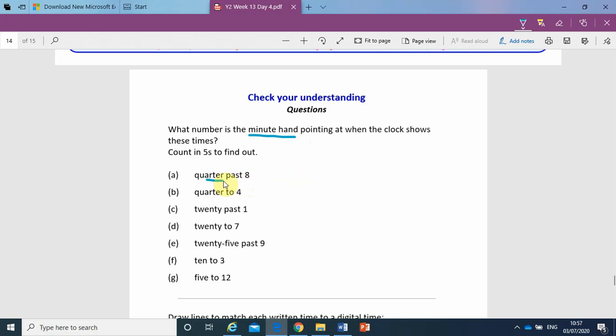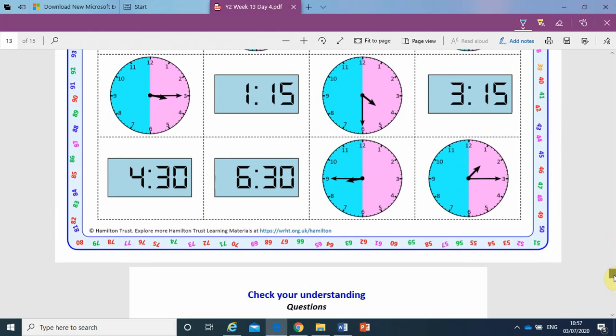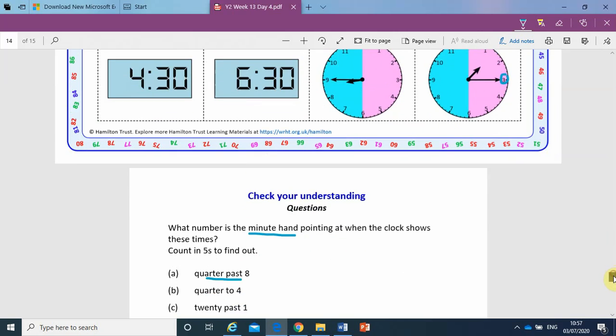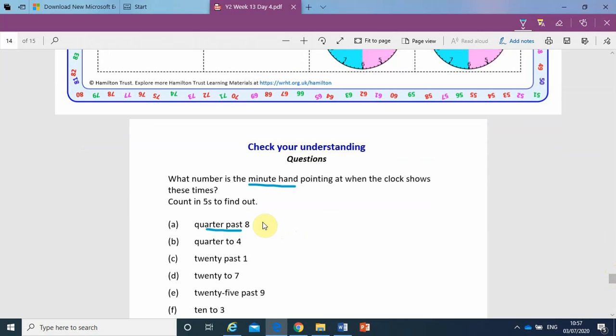So if it's quarter past, now if you need a clock to help you, use one. There's one there. Okay, I know it's at the 3. So what number is the minute hand pointing to? Well, I know quarter past is 15, 5, 10, 15, and that's at the 3. So the answer to that one is 8:15. The minute hand is pointing at the 3.